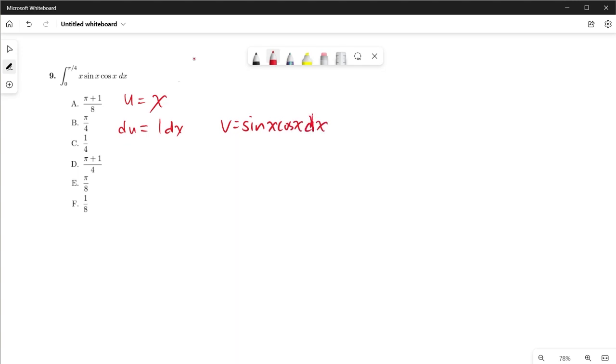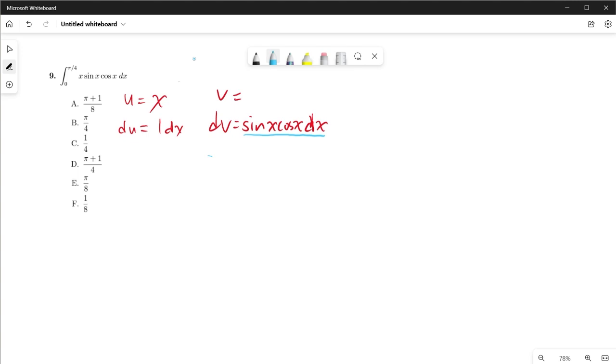Why did I do this? First of all, from LIATE, the algebraic x will come first in the priority for choosing u, before the trig of sine and cosine. And second, when I take the integral of this dv bit, I'm able to use u-sub and get that integral pretty simply.